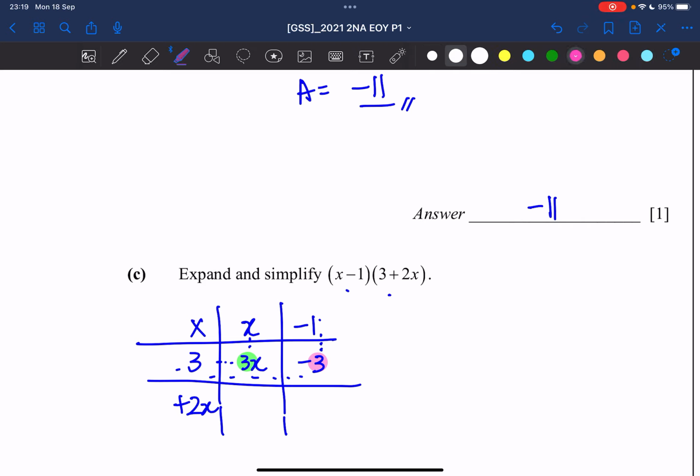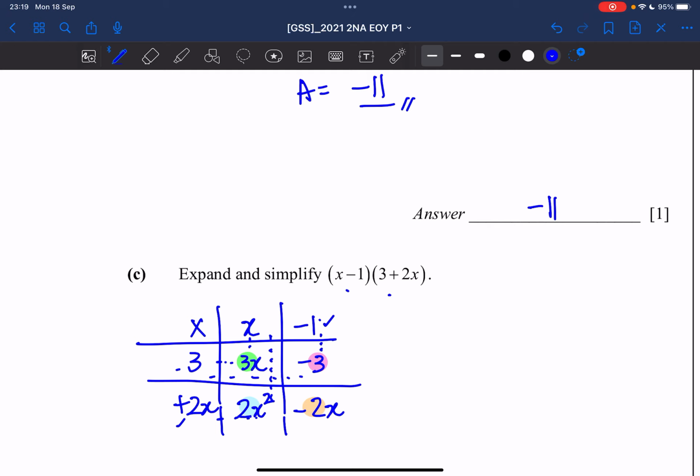Then the next one, want to find this cell here. So this cell here is x times 2x, so it's 2x squared. Then the last one, we need to multiply negative 1 and 2x, so become negative 2x.